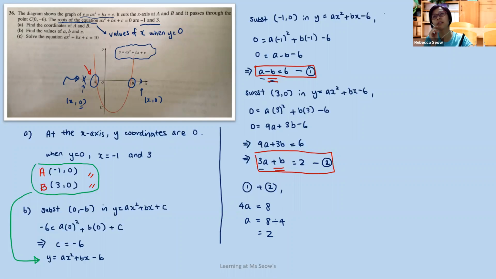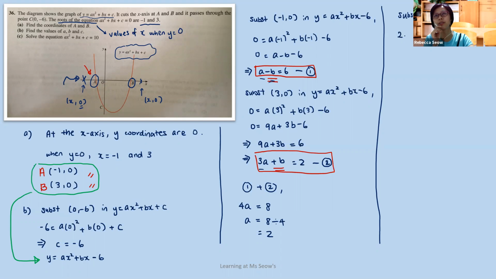Now, how about finding the value of b? So to find the value of b, we sub a equals to 2 in, let's choose equation 1 since it's less complicated.